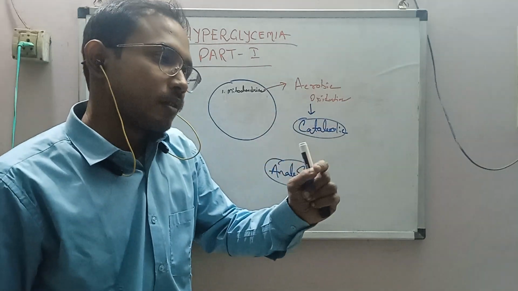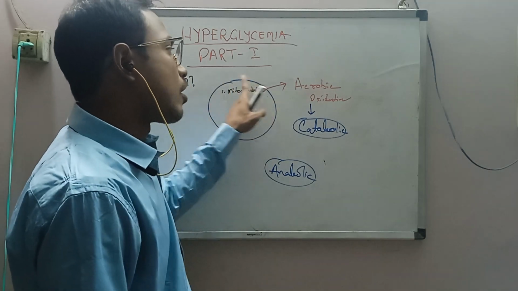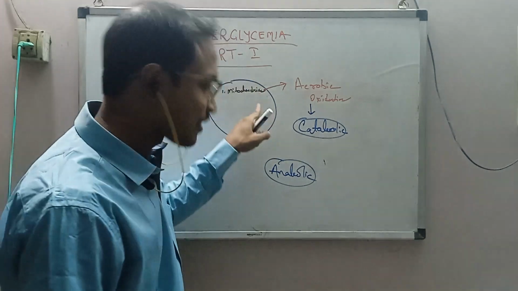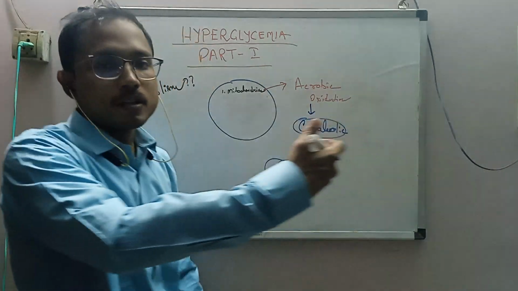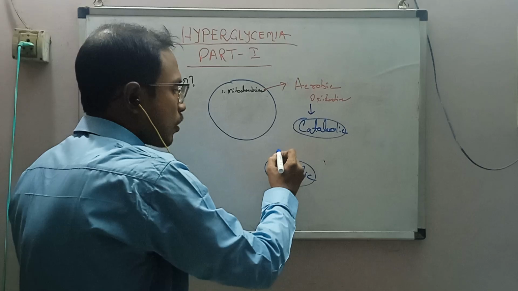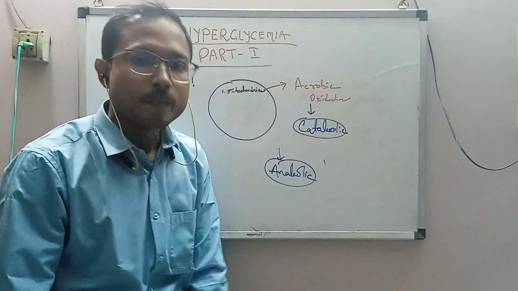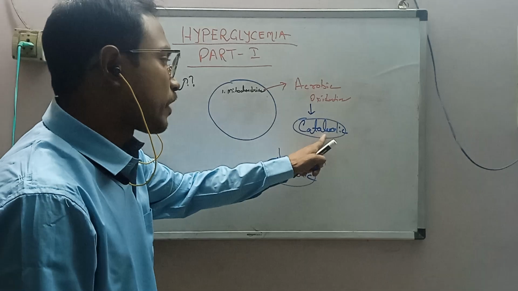Carefully understand. Suppose a reaction is going on inside the cellular machinery and a product is produced, and the weight of the cell is increased. That is called anabolic metabolism. But aerobic oxidation is one type of catabolism.